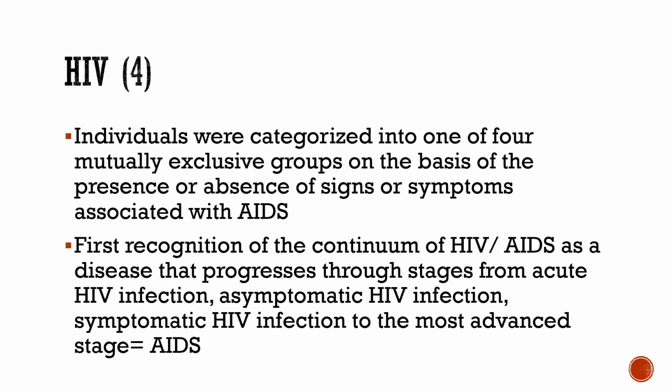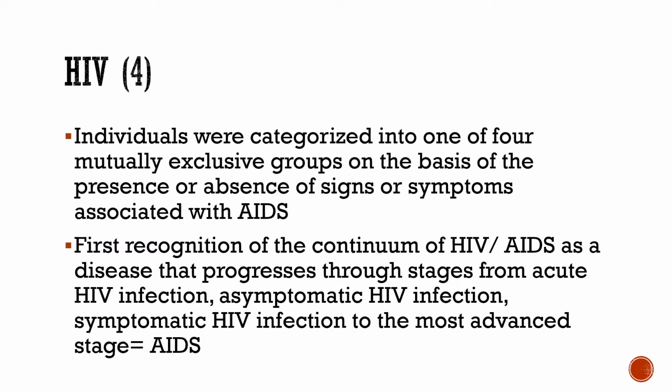So, individuals were categorized into one of 4 mutually exclusive groups on the basis of the presence or absence of signs or symptoms associated with HIV, which means that we looked at the whole entire population, and then we created these 4 different categories. And then, looking at the data that we had collected, we put these clients into one of 4 categories.